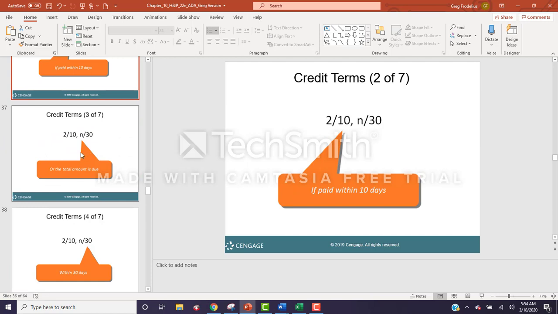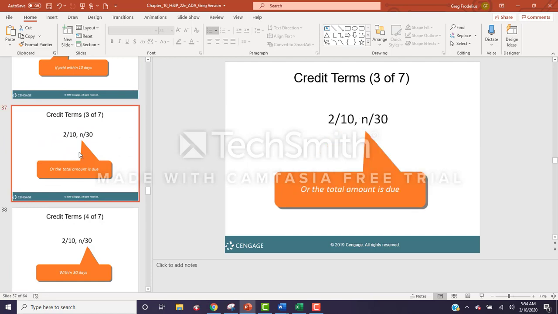There are partials, but in this case, it's all or nothing. You're getting the 2% discount for 10 days. If you don't take advantage of that discount, the net, or the rest of it, is due in 30 days.